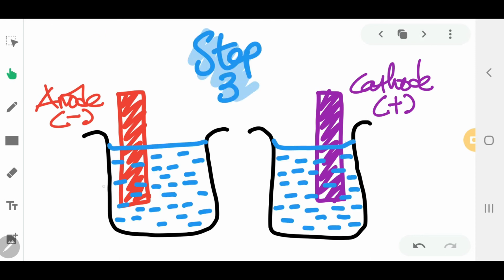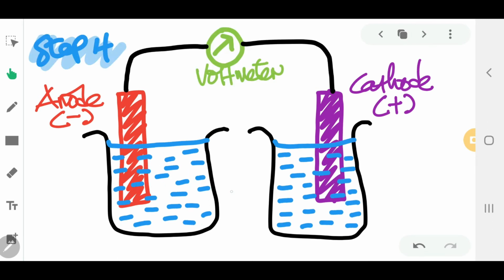And then step 3, draw the electrolyte. So those are the electrolytes, the ones in the aqueous phase. Your electrodes over here, anode and cathode, are in the solid phase. Step 4, you're going to be connecting both of the electrodes or the half cells over here.